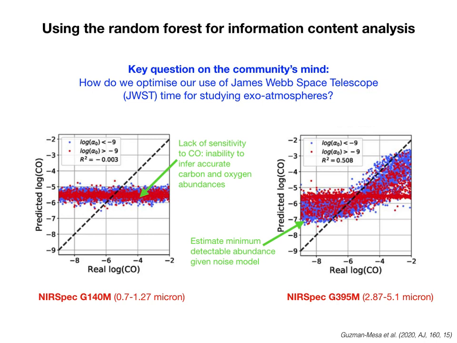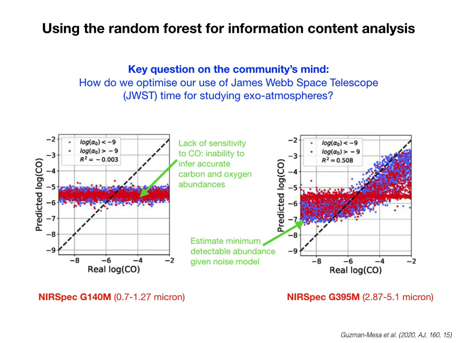So in practice, what one does is that one takes a training set of models of transmission spectra, for example, and one uses 80% of the grid of models to train the random forest. One then uses the last 20% as a test of whether this training has worked successfully.